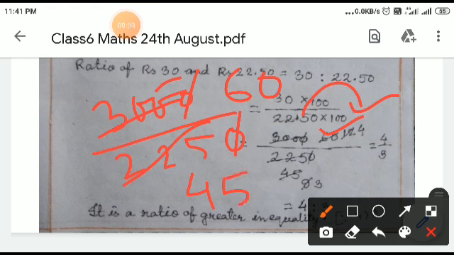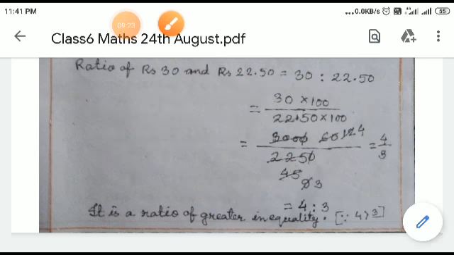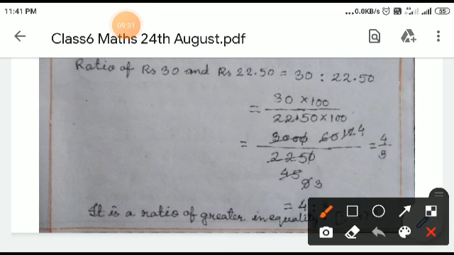Now again dividing by 5, we are getting 5 12s are 60, 5 9s are 45. Now dividing 12 and 9 by 3, we are getting 3 4s are 12, 3 3s are 9. Finally, we have got the fraction 4 by 3. So we can write 4 by 3 as 4 is to 3 in ratio form.